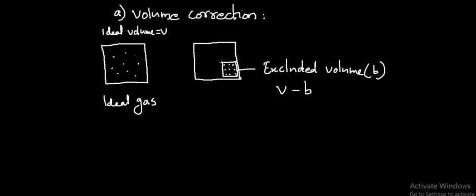If b is the effective volume of the molecules per mole of the gas, the volume in the ideal gas equation is corrected as V − b. Here b is the effective volume occupied by the gas molecules. So in the case of real gases, this effective volume is not available for their free movement.